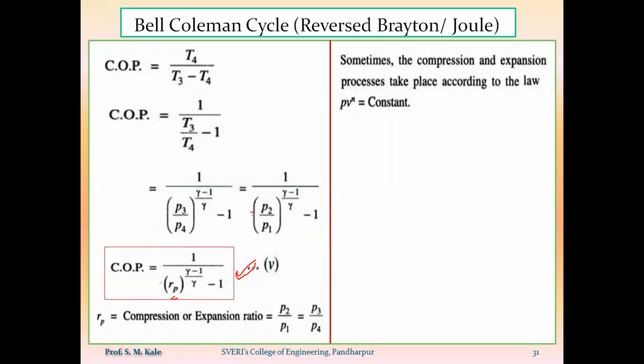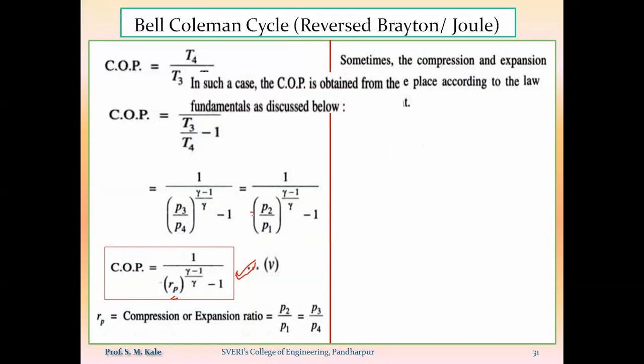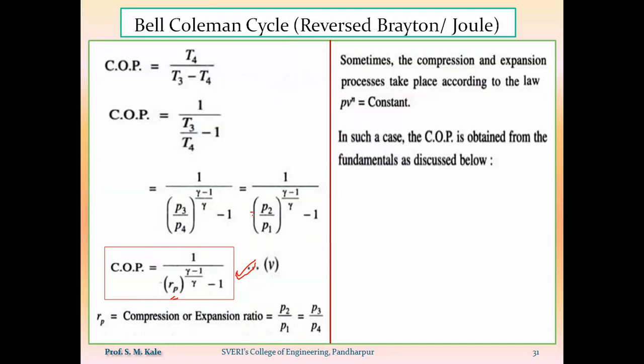That process was applicable only for isentropic processes. So if your process is polytropic, then the COP of the Bell-Coleman cycle will be calculated by using the fundamentals.